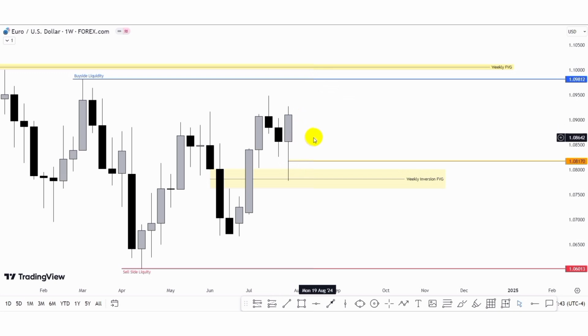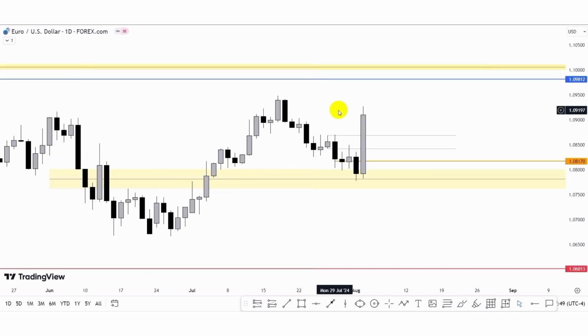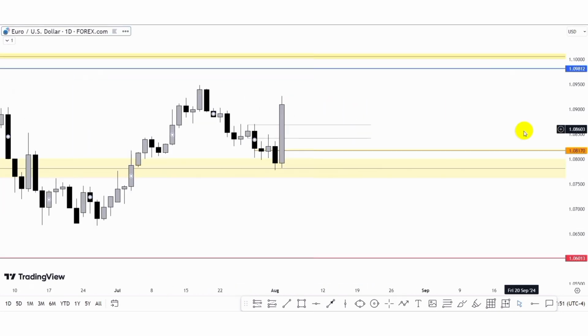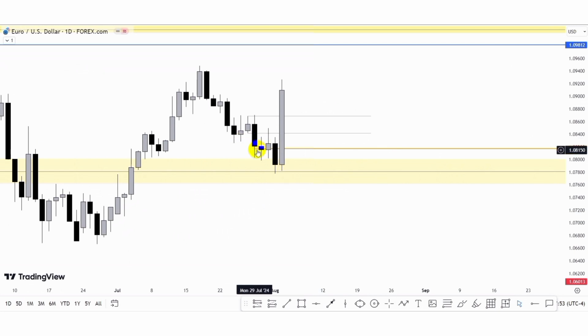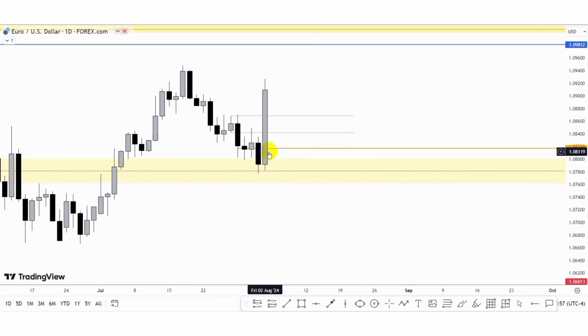So let's check out the daily time frame so that we can have a better perspective on price delivery. What you're going to see here is the price level we mapped out from the weekly time frame, which is the 50% of the weekly candle. So we're anticipating to see the push of price either to this price level, and then we see the bullish move to the upside.